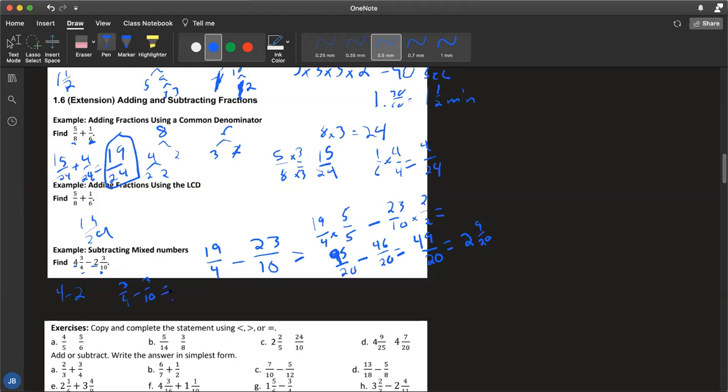So then we would get 15 over 20 minus 6 over 20 and get 9 over 20, right? And then 4 minus 2 over here is 2. So we still get the same thing, 2 and 9 over 20, right? Does that look good for everybody? Any questions from anybody? Okay, perfect.